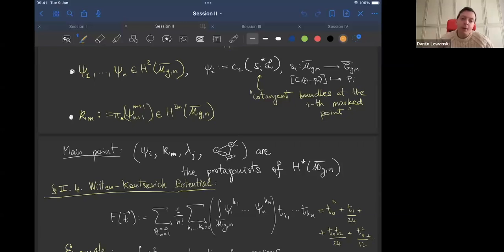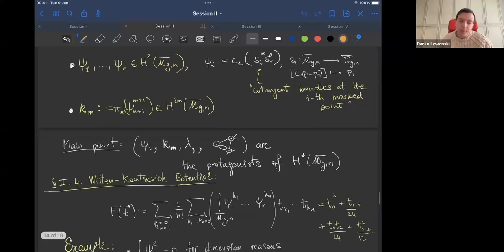Now we're going to take powers of this psi class. We're going to take m+1 powers of this guy. So this is an element that lies in the cohomology group H^{2m+2}, because each of them is in the second group. So if you take the m+1 power, that will lie in the 2m+2 cohomology group. But now we're going to take the push forward along the forgetful map. So we're going to forget the last marked point.